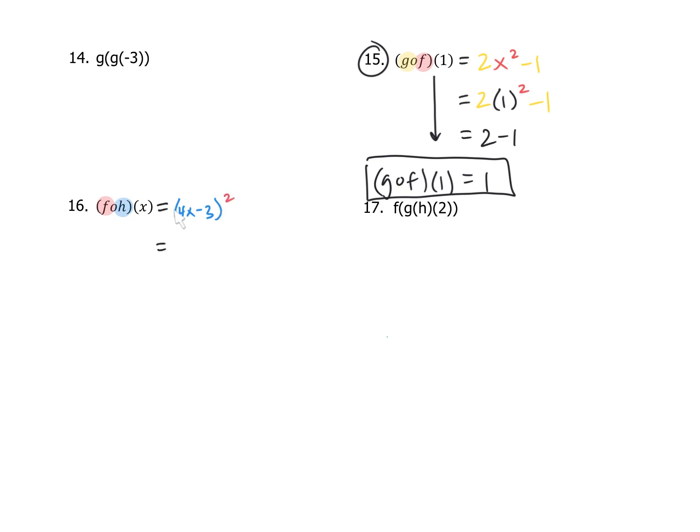Whoa. You're probably looking at this, and a lot of you are probably thinking, ooh, I just distribute the squared, right? No, be careful. Don't do that. That's actually a big no-no. Think back to what the exponent means. It's different when we have a number out front and we're distributing that.